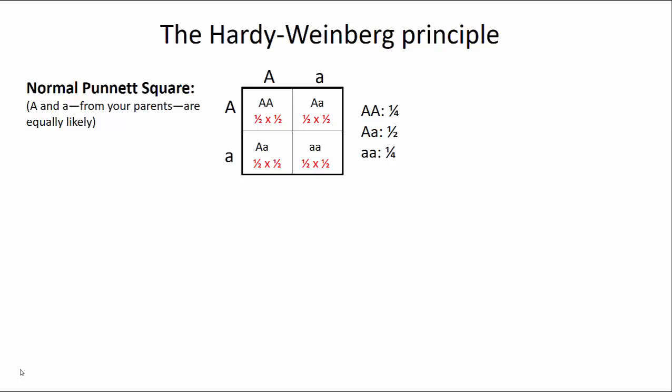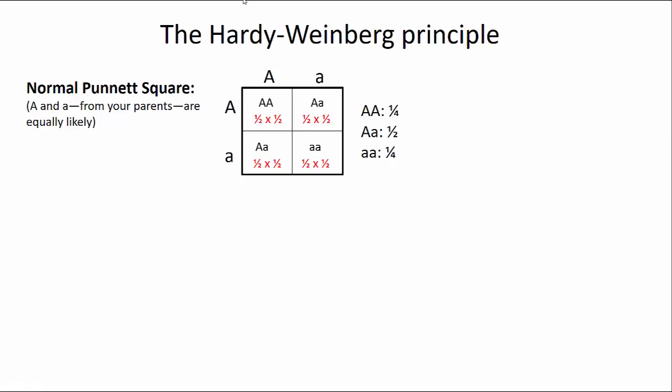So I'd like to first think about this situation of normal inheritance, and this first one is not a Hardy-Weinberg situation. In normal inheritance, we've done these Punnett squares in the past. If two parents are both heterozygous for the A gene, we would make a Punnett square that looks like this, where the top indicates the gametes that come from one parent and the side indicates the gametes from the other parent.